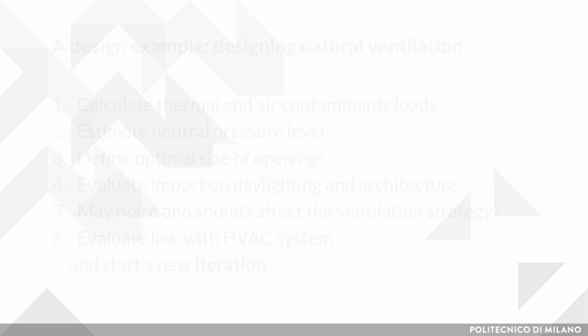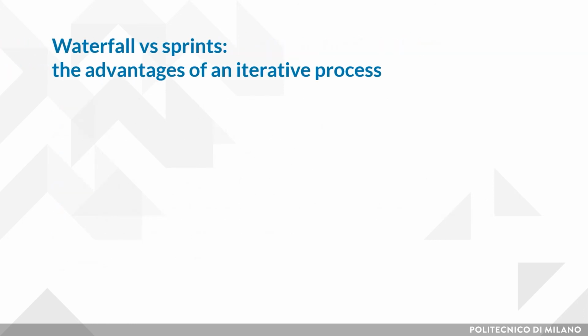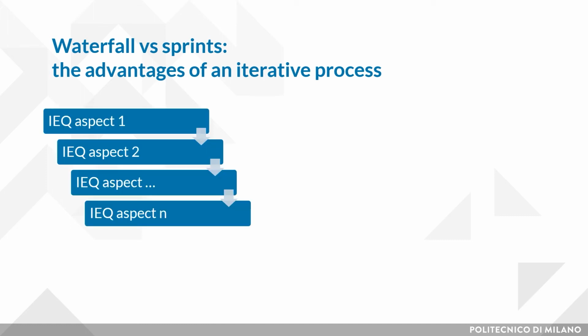And this slide, borrowing a term from project management, shows a comparison between waterfall design and sprints-based design. In waterfall, you would start to analyze one aspect after the other. Done with thermal, you move to daylighting, done with daylighting, you move to air, and so on.